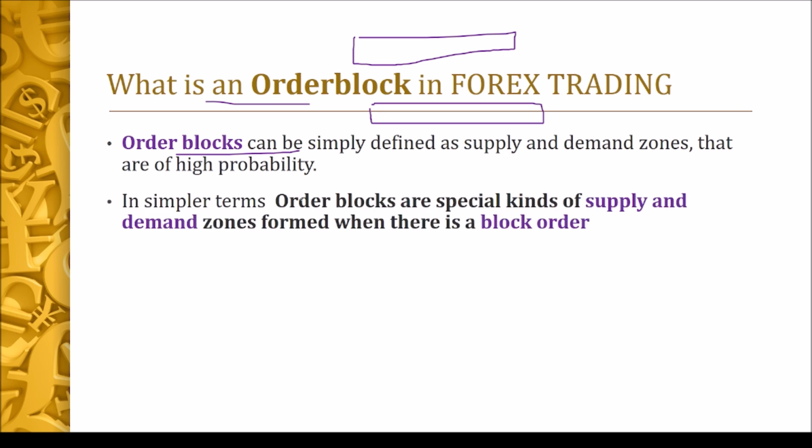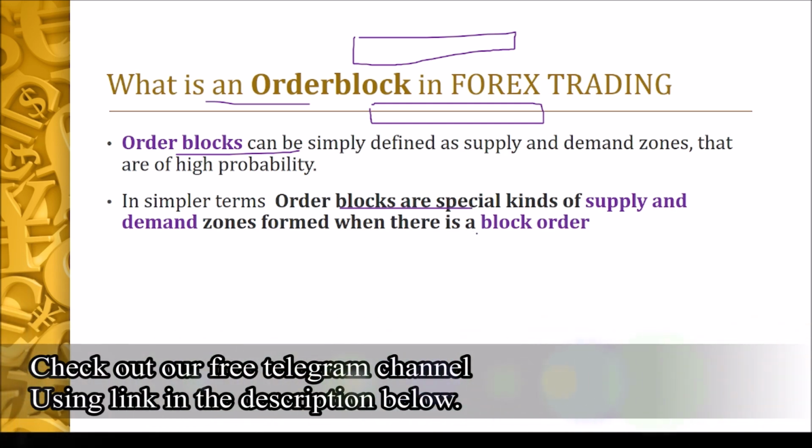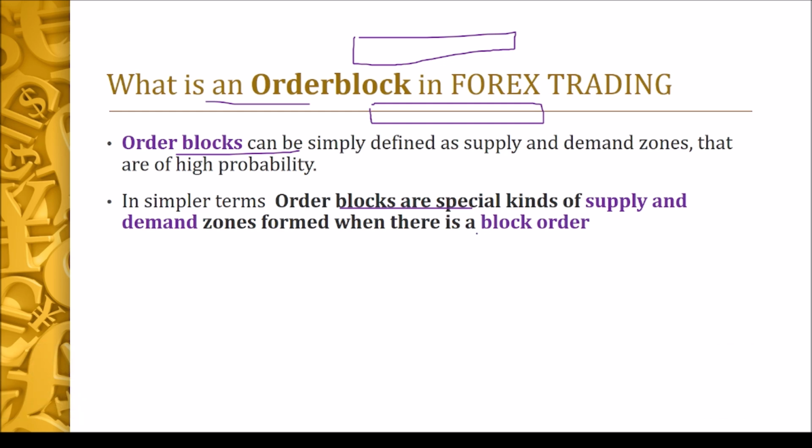In simpler terms, all order blocks are special kinds of supply and demand zones formed when there is a block order. What we are referring to as a block order is a very big number of orders or contracts, or trades in layman's terms, at a specified point.